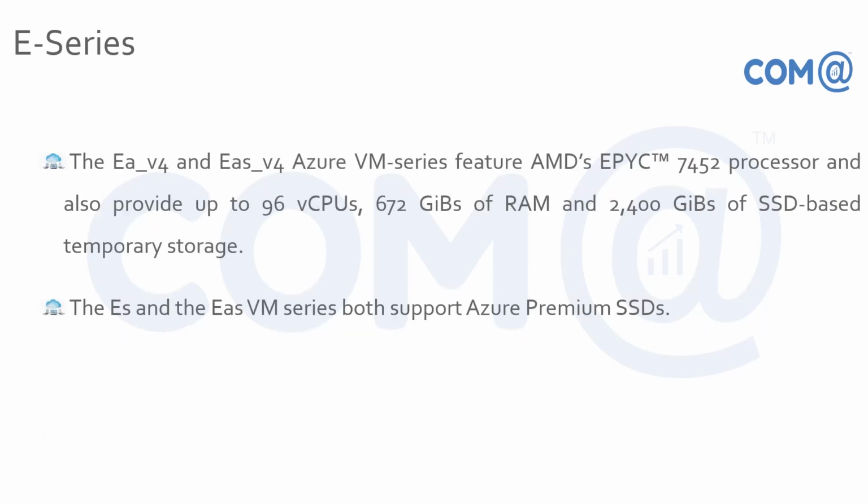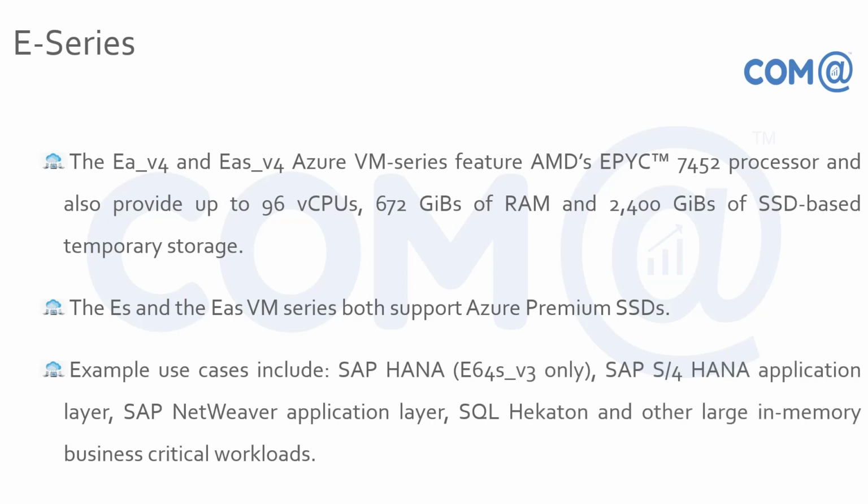The EA V4 and EAS V4 Azure Virtual Machine Series feature AMD EPYC 7452 processor and also provide up to 96 virtual CPUs, 672 gigabytes of RAM, and 2400 gigabits of SSD based temporary storage.